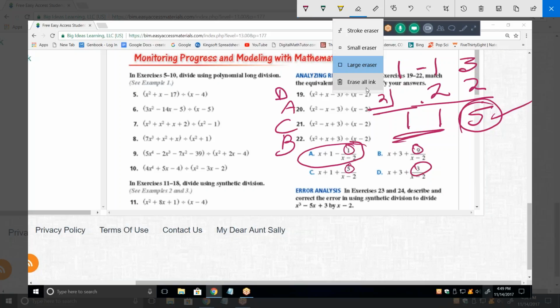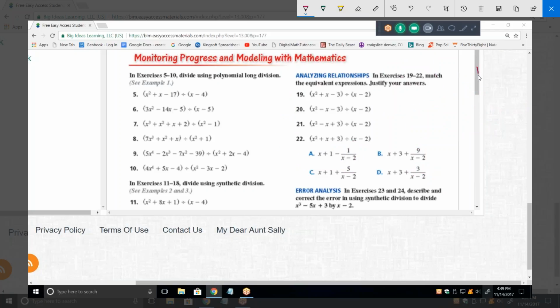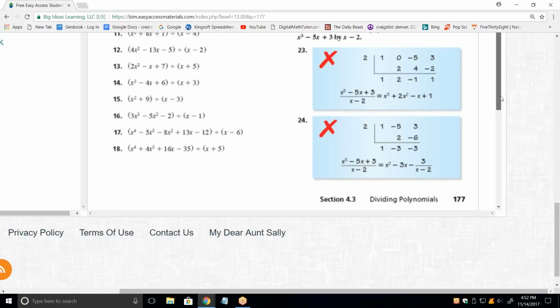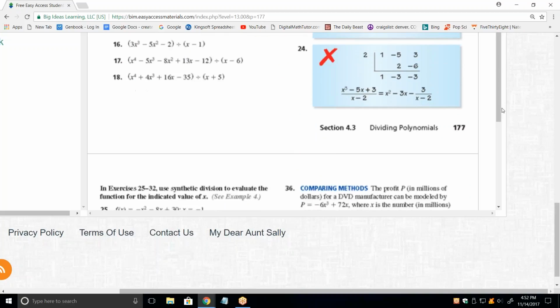23, 24, 25. Okay, and then that's it. Did 23. See what they did wrong on 24. They didn't add the 0 in.